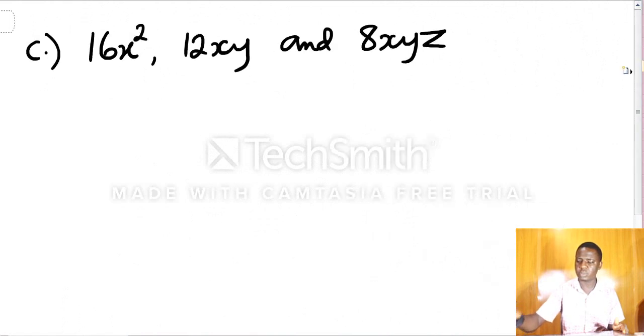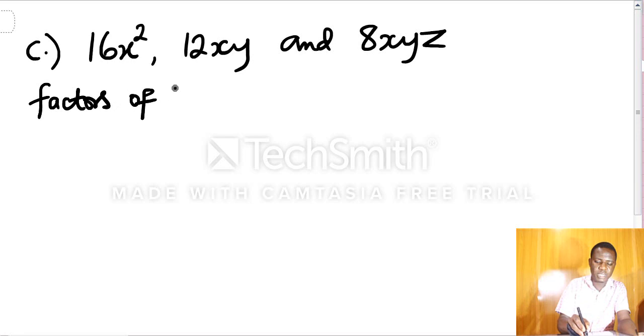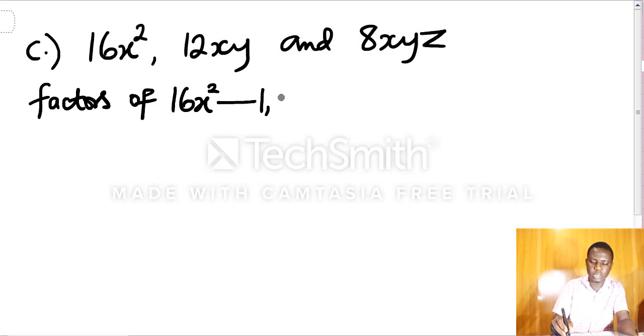3x. So 3x is the highest common factor among these three algebraic terms. We also have 16x squared, 12xy, and 8xyz. So you also do same. You first of all get the factors of each of the numbers, that is 16x squared. Factors of 16x squared includes 1, 2, 4, 8, 16.